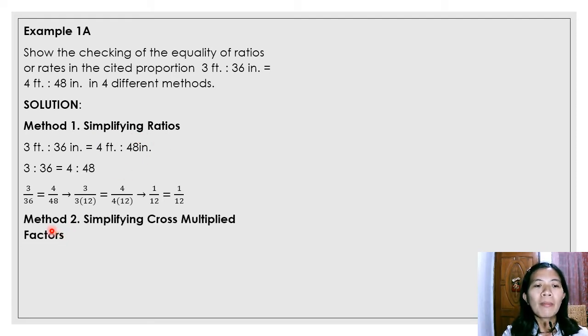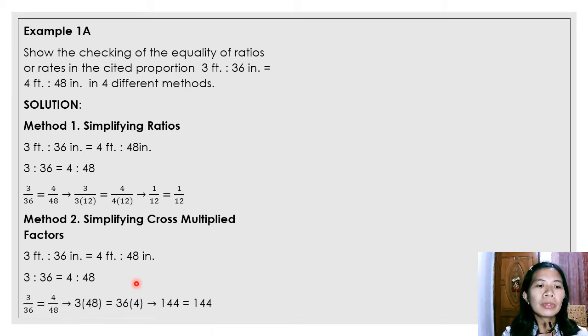Next is method 2, simplifying cross-multiplied factors. This is the given. We are going to write this in fraction form: 3 over 36 equal to 4 over 48. Then we are going to cross-multiply.